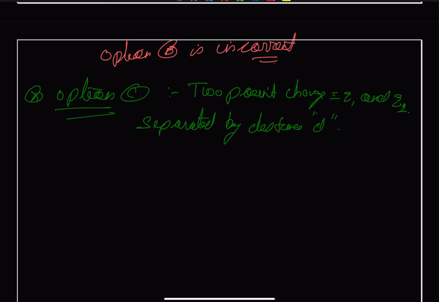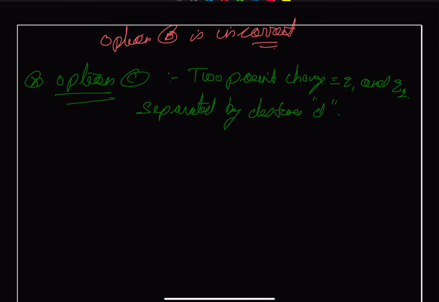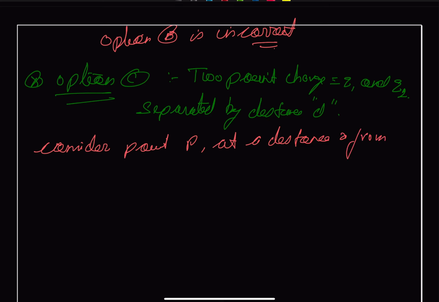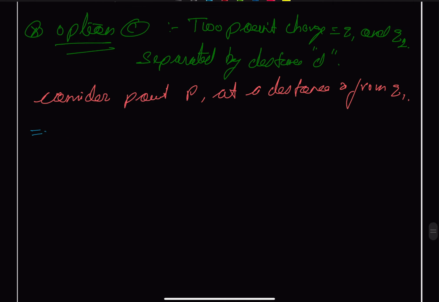And we consider a point P at a distance x from Q1. Therefore, we need to find out that our net field at P should be equal to 0.